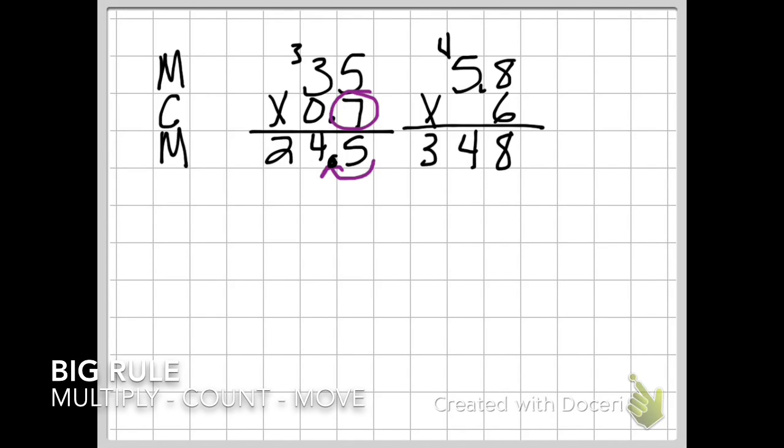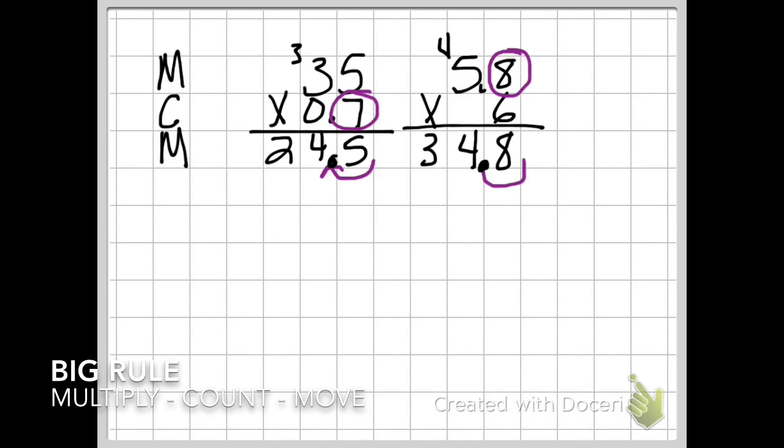Now I'm going to count how many digits are to the right of a decimal point. 6 is a whole number, so it's to the left of a decimal point. 5 8/10 is a decimal number, and that 8 is to the right, so I move my decimal point one place to the left, and there it is, 34 8/10. Multiply, count, then move is how it works.